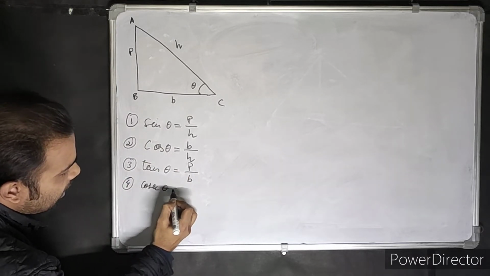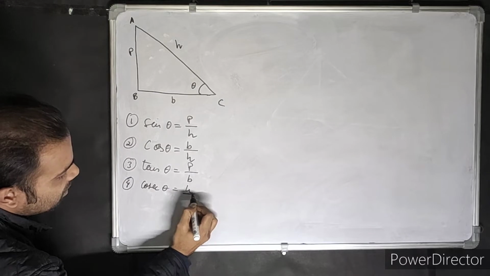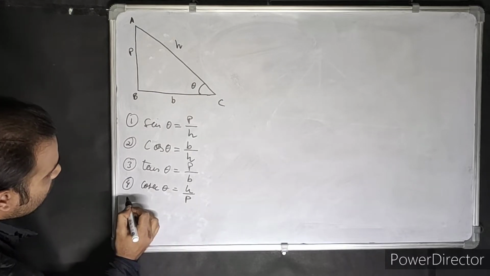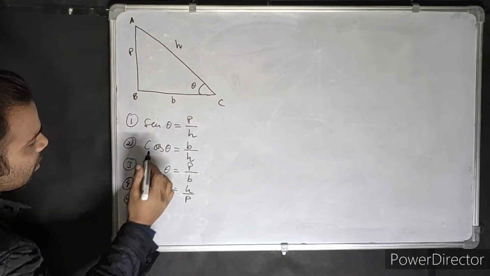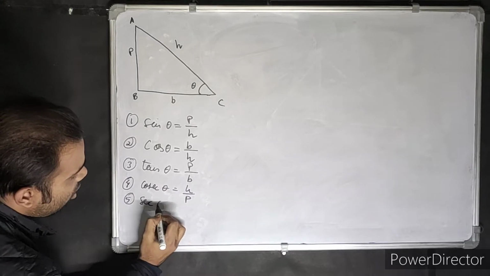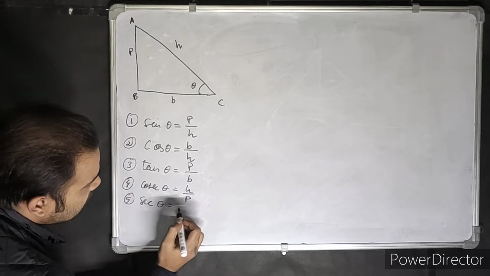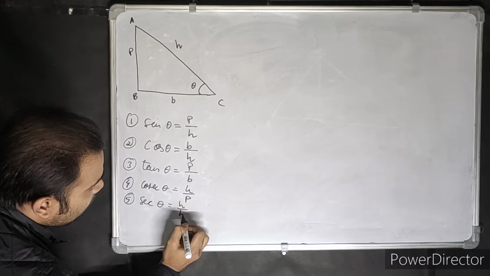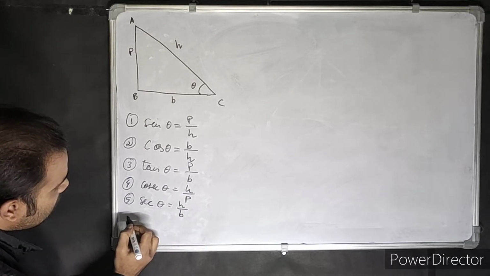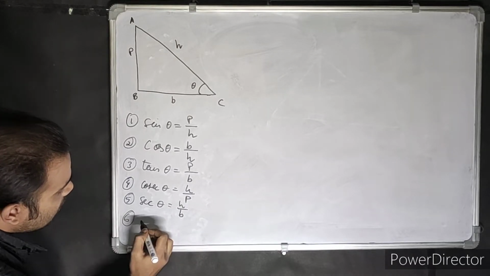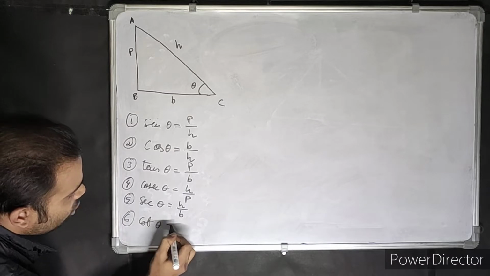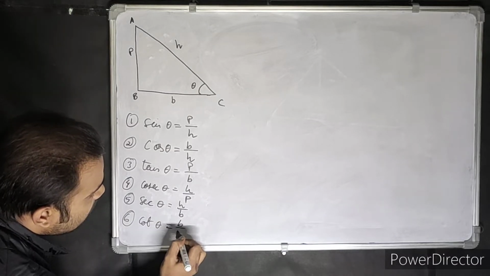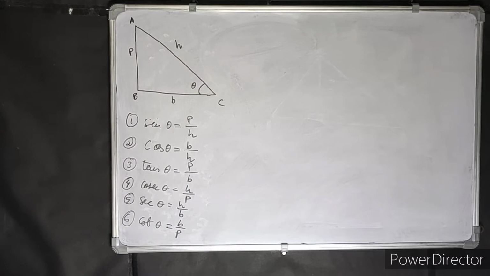So cosec theta is 1 by sine theta, that means H by P. The fifth one is sec theta, the opposite of cos. Sec is 1 by cos, that is H by B. And the sixth one is cot theta, the opposite of tan, that is B by P. So these are your 6 trigonometrical ratios.